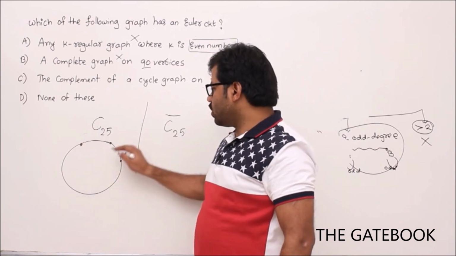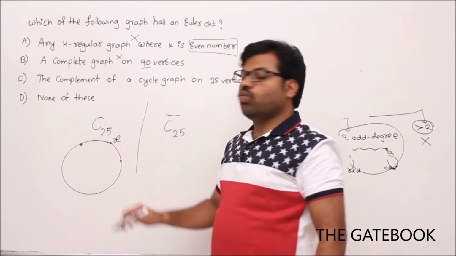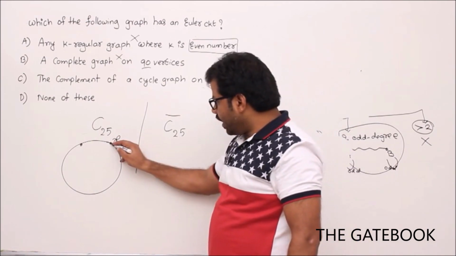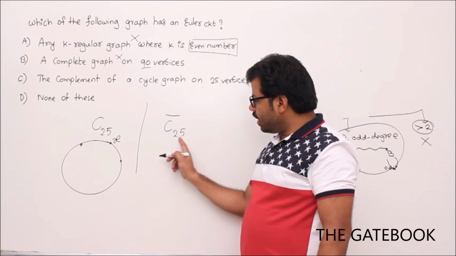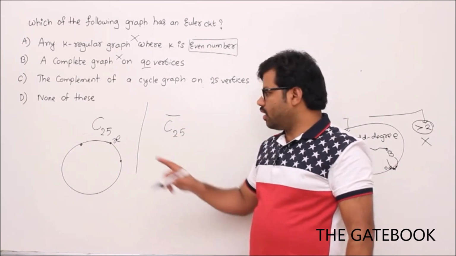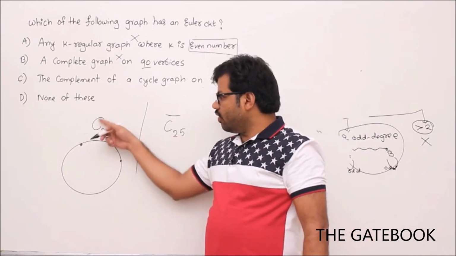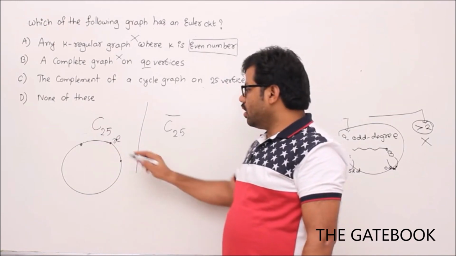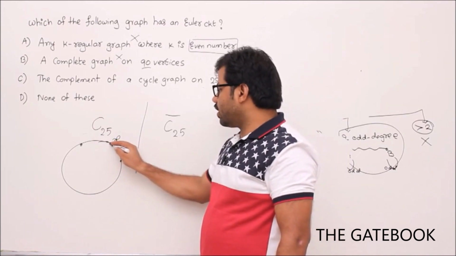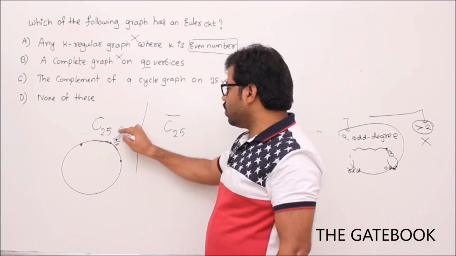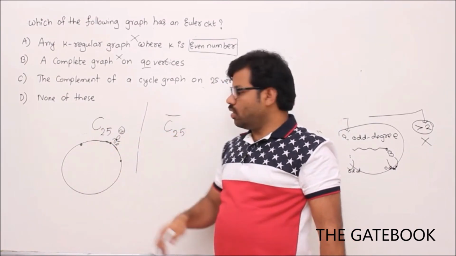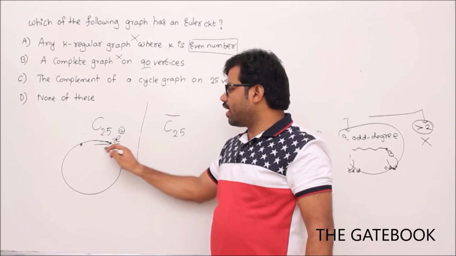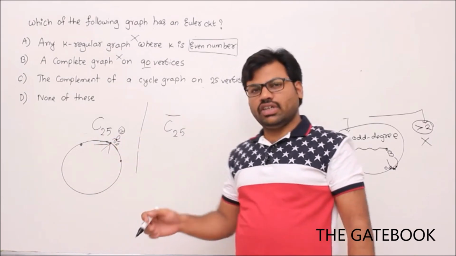Let's focus on a particular vertex X. What is the degree of this vertex X in C25? I have to calculate degrees of C25 bar, but I will do that indirectly with this C25 calculation. Here every vertex is connected to two other vertices, so degree is 2, isn't it? There are 25 vertices in the graph, so each vertex can be connected to at most 24, correct?